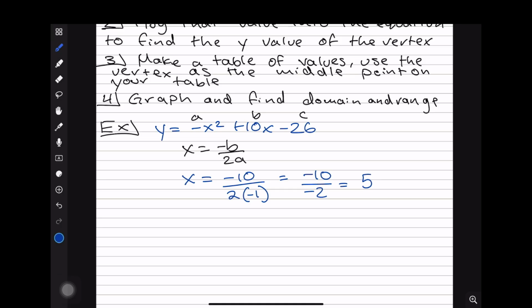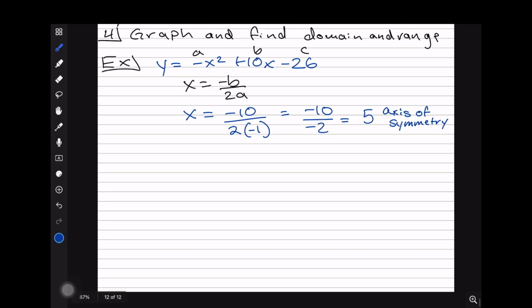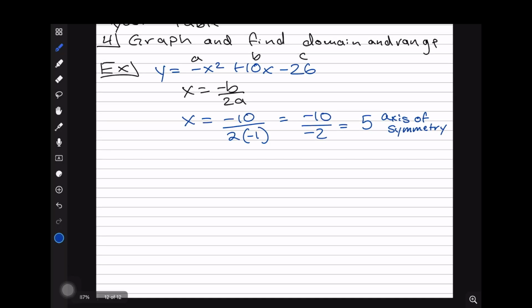That's the pattern it follows. So we have x equals negative 10 divided by 2 times negative 1. We get negative 10 divided by negative 2 equals 5, and that's your axis of symmetry.